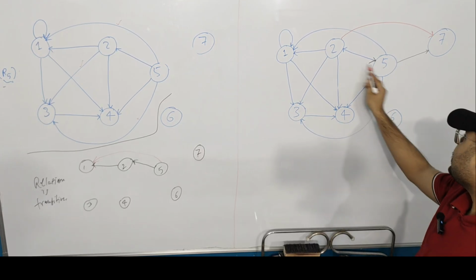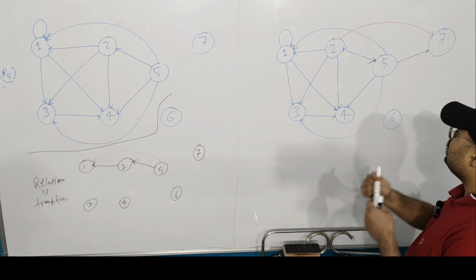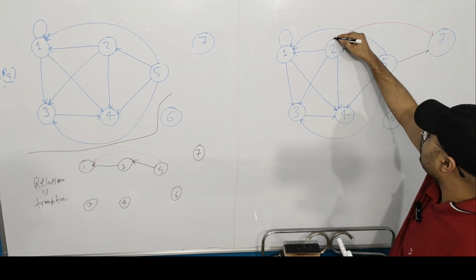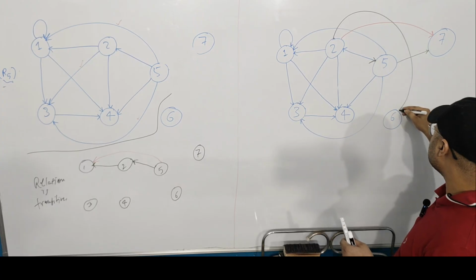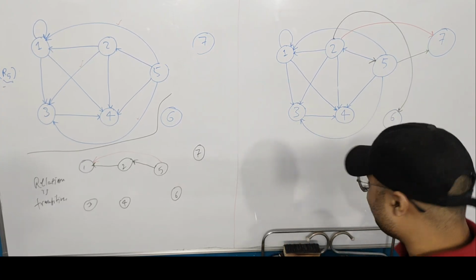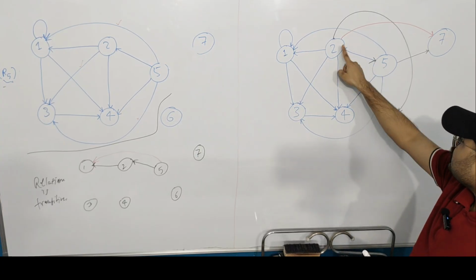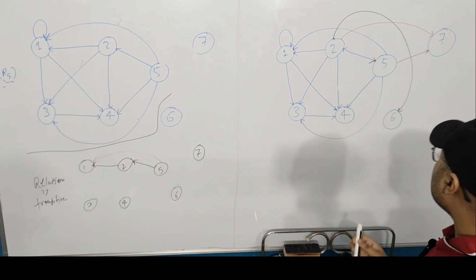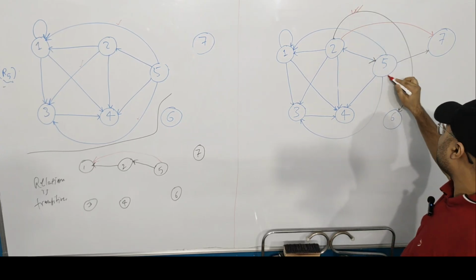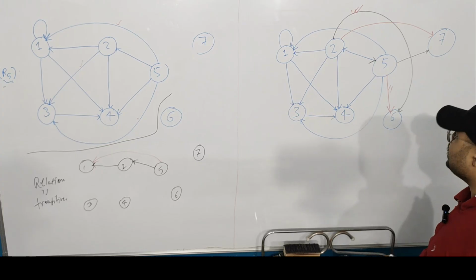Similarly, because this is bidirectional, let's say I add an edge 2 to 6, which is basically adding one more ordered pair 2 comma 6. Then because there is an incoming edge from 5 to 2, because of this edge you have to have this other edge, which is a transitive edge.